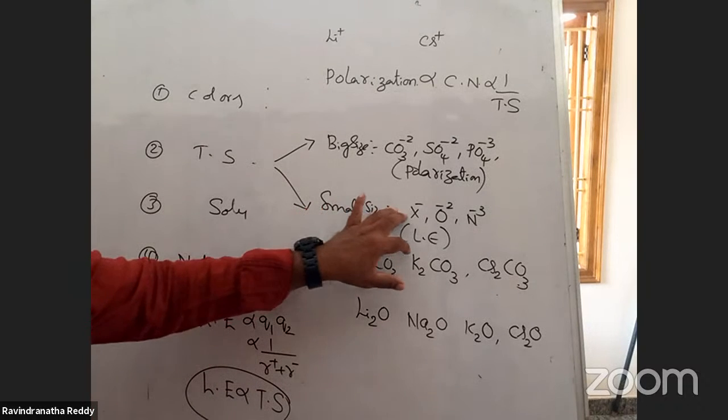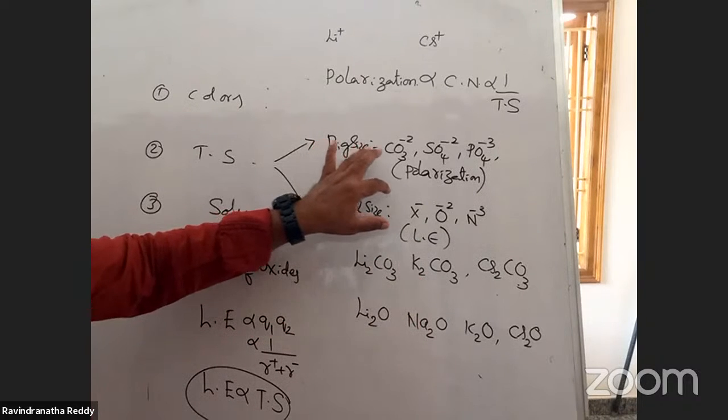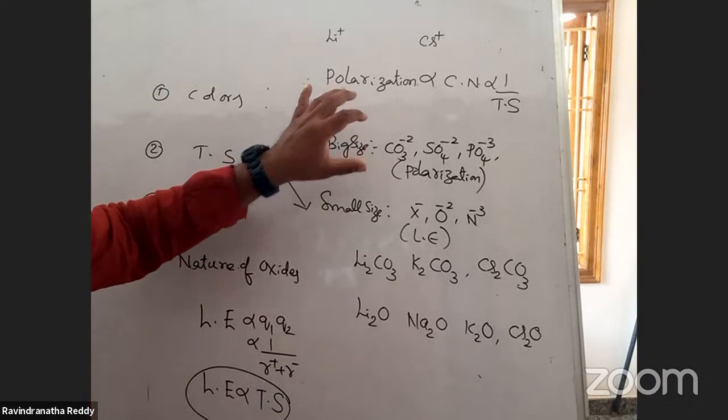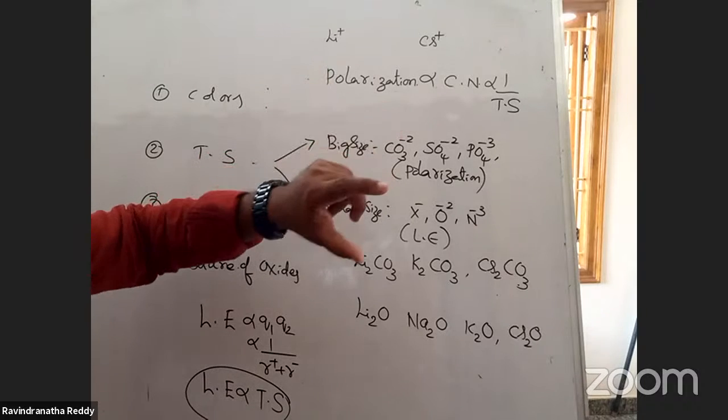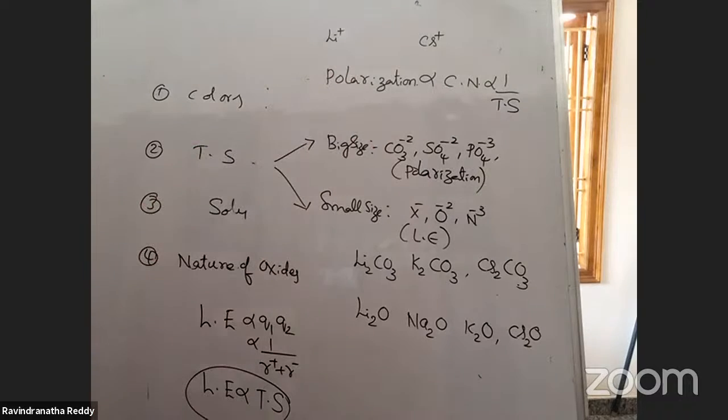For small anion size, the lattice energy concept applies. For big anion size, the polarization concept applies. You apply that. Polarization means the size of anion is more, and that is the size of cation. When the size of the cation is small, polarization is more.